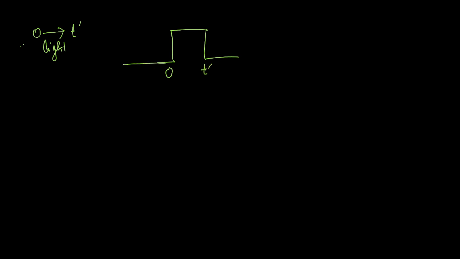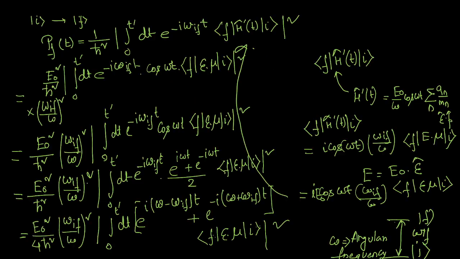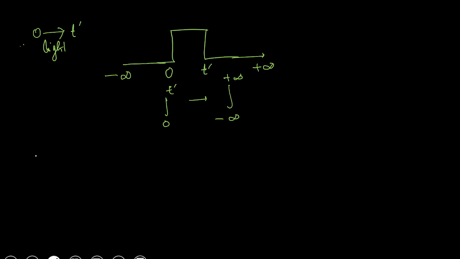So if I take minus infinity to plus infinity, nothing is changed, we are just adding zeros. So we can write 0 to t2 as minus infinity to plus infinity. However, the light only works between 0 and t dash. Okay, so this expression can be written as zero.